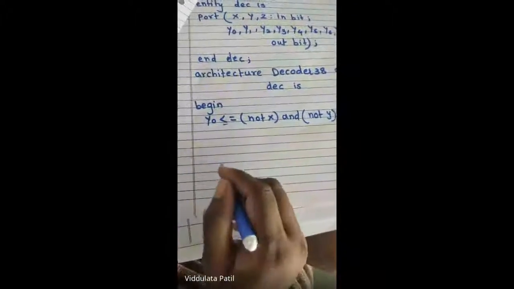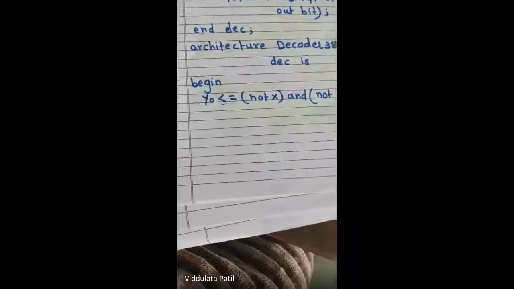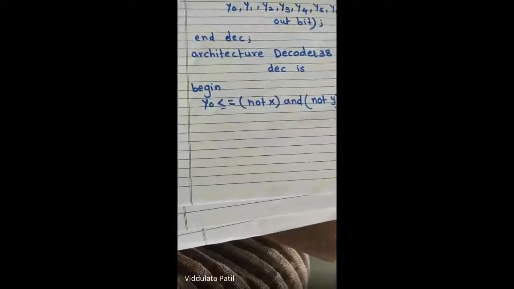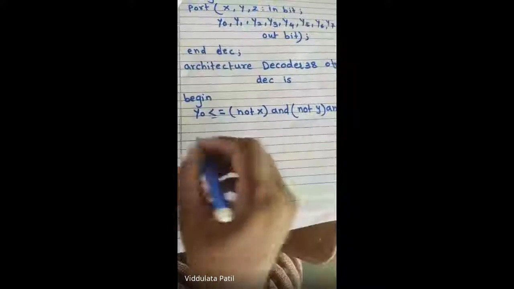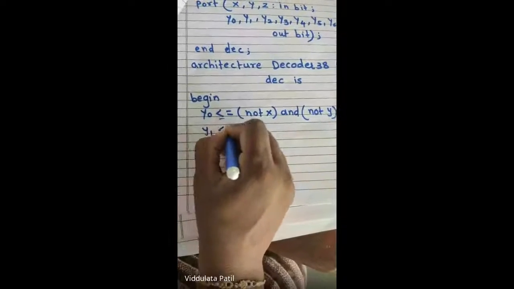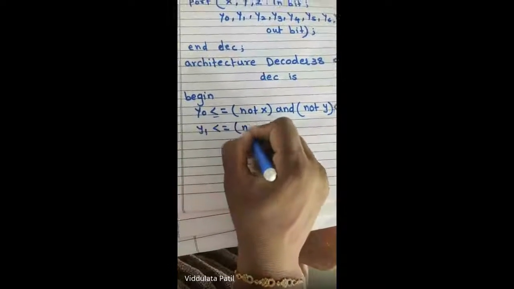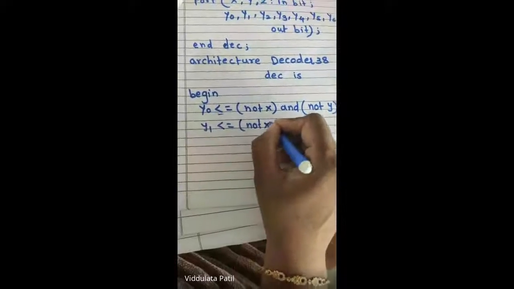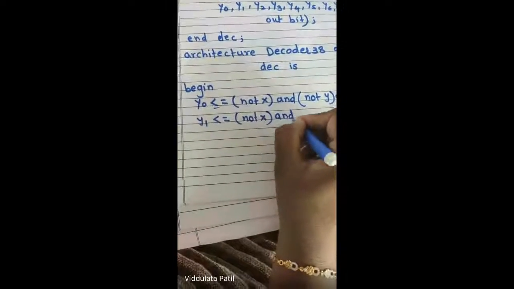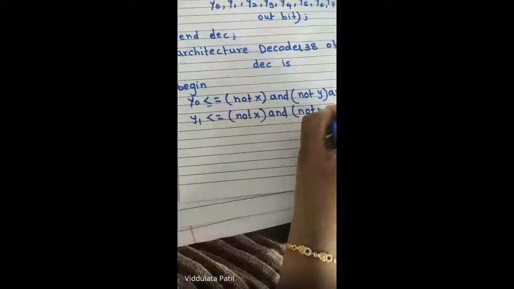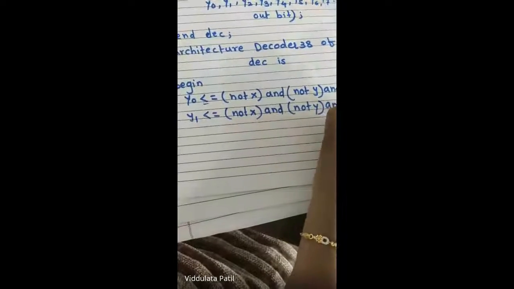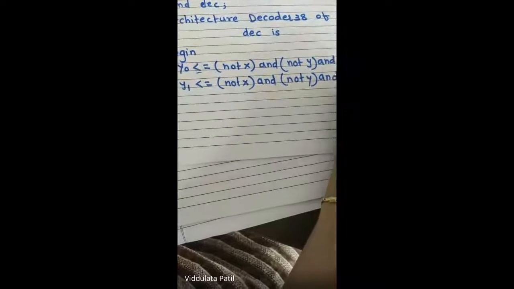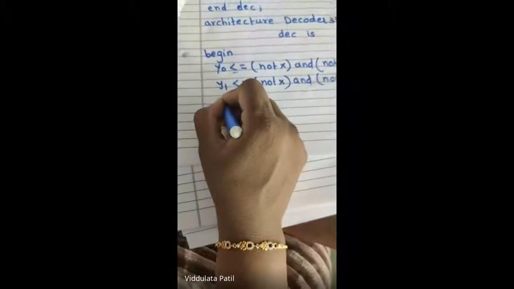Okay. So Y bar will be like this. Then Y1 is assigned to not X and not Y and Z. Okay. At the end of each statement, you need to give a semicolon.